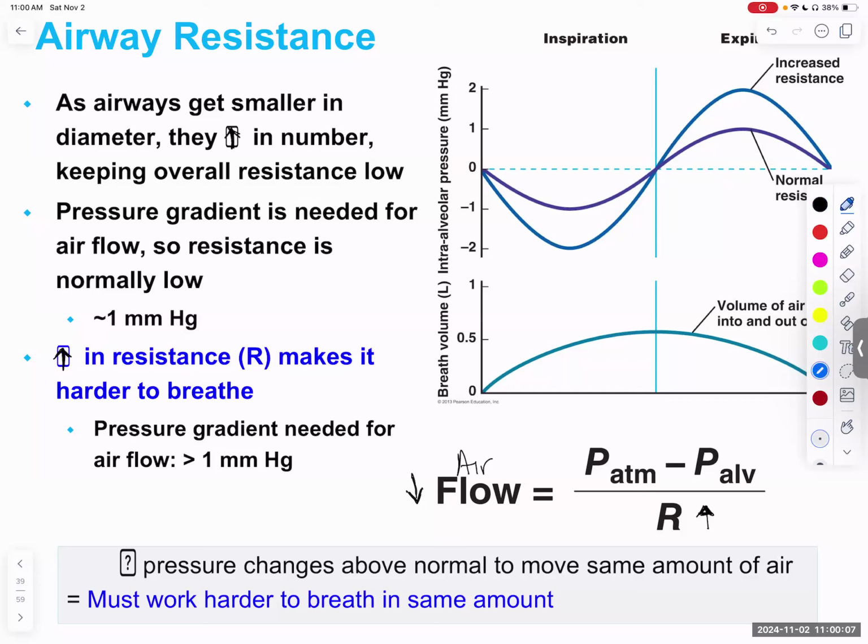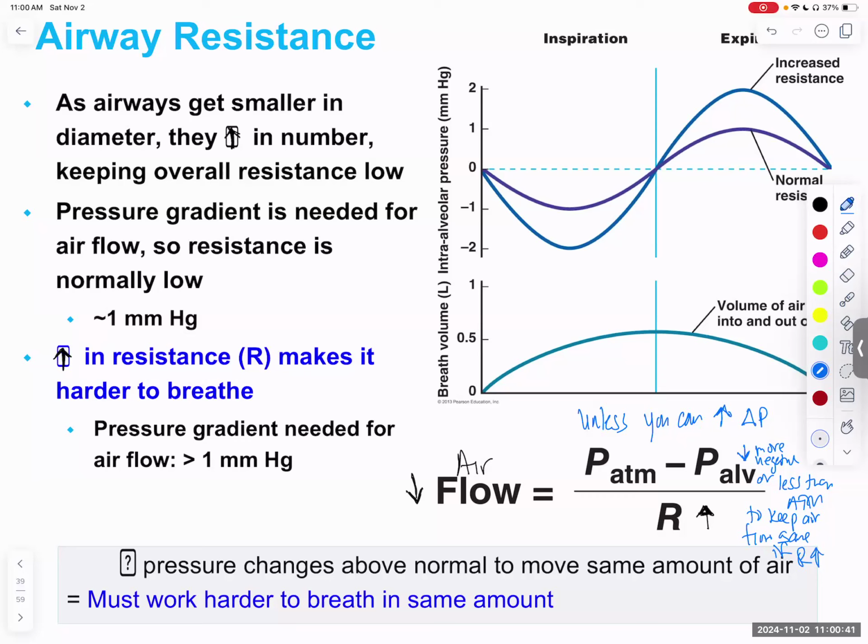It will decrease airflow unless you can increase delta P. So you will have to make this even more negative, or less than atmosphere, to keep airflow the same. Same if resistance goes up.